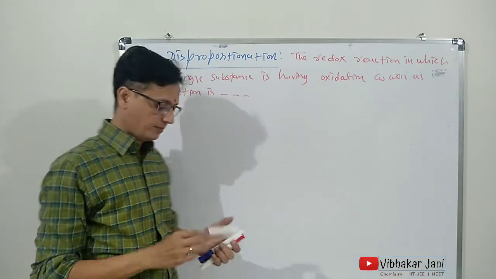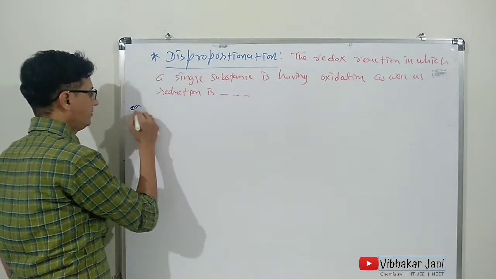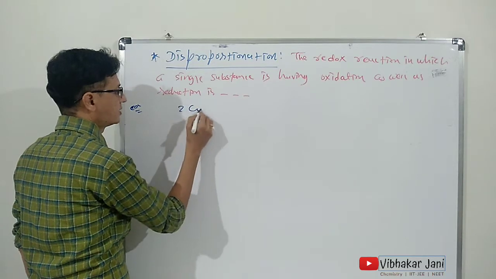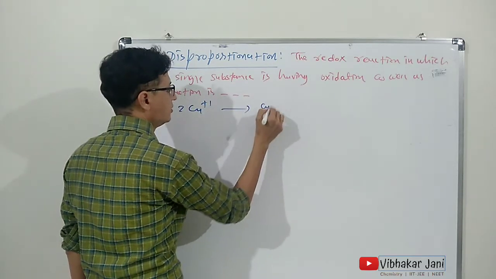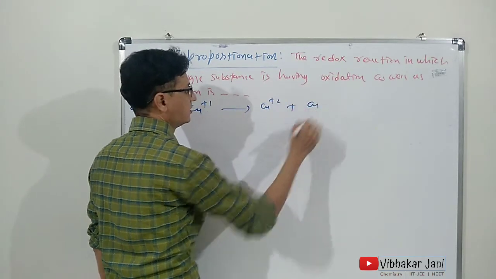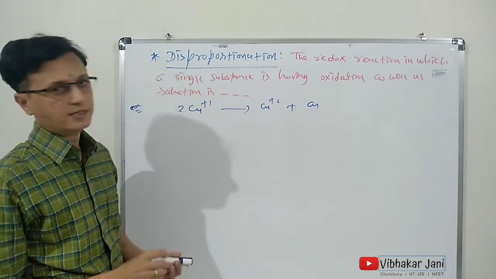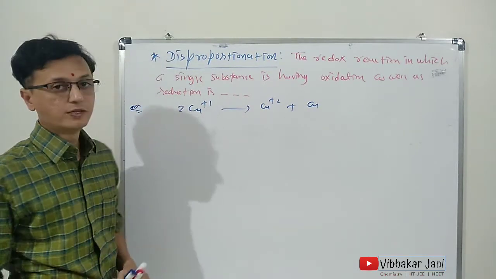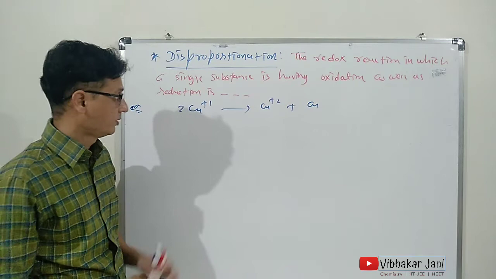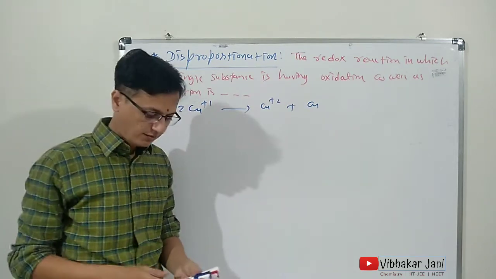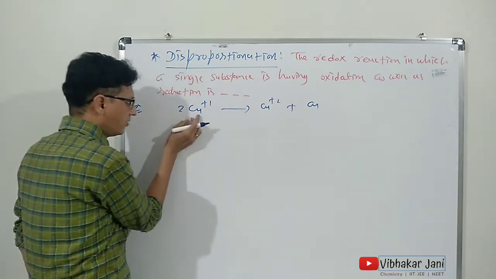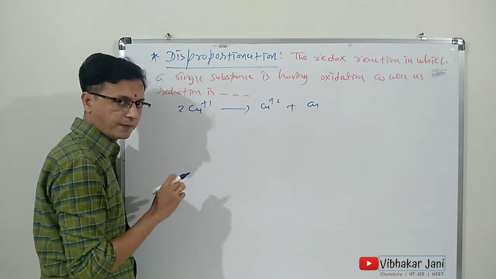Let us take an example. Suppose I write the equation like this, 2Cu+ gives Cu2+ plus Cu. Now this is the beautiful example of disproportionation. Let us divide this reaction into 2 half reactions. First of all, here we have 2Cu+ ions.